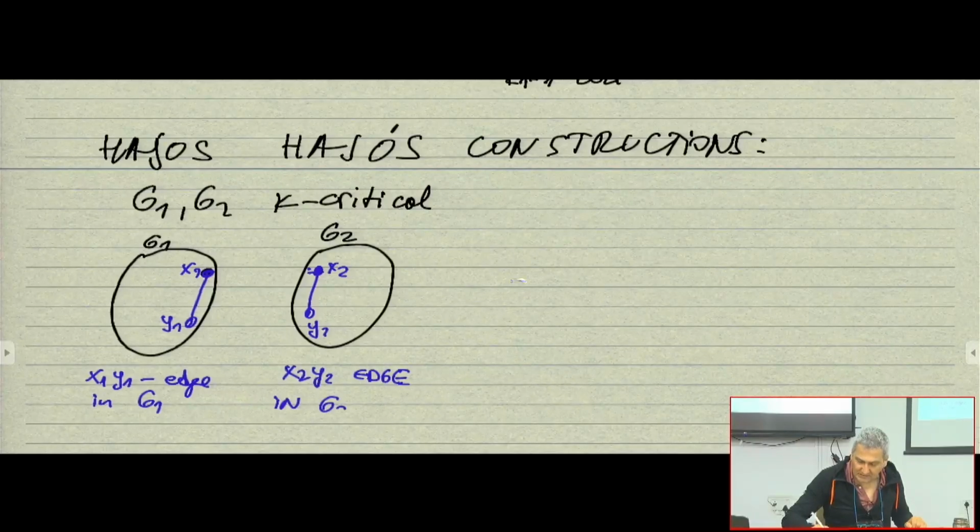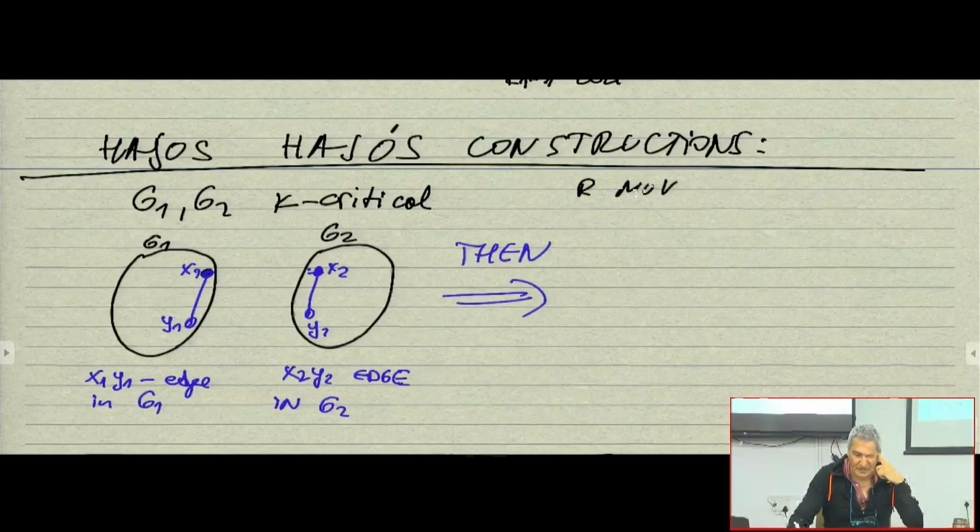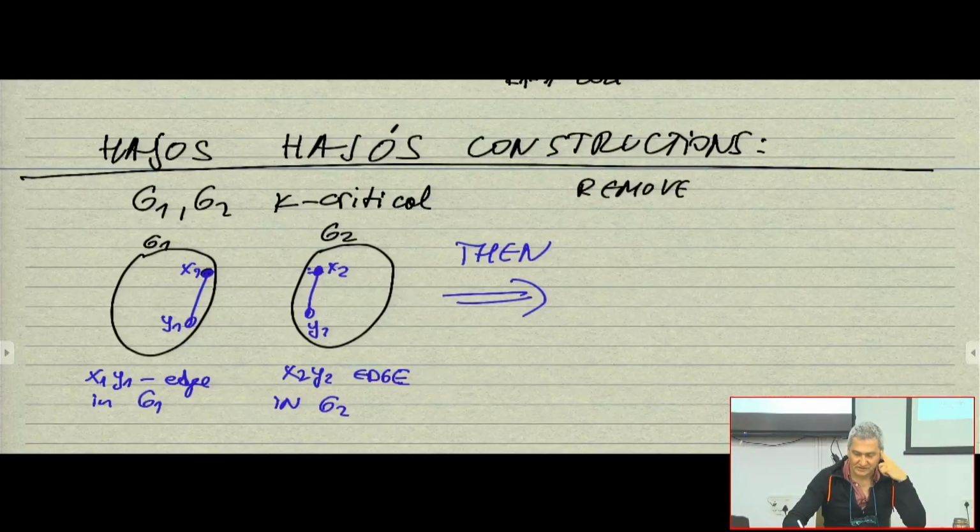Then from this graph, remove the edges, only the edges, not the end vertices.